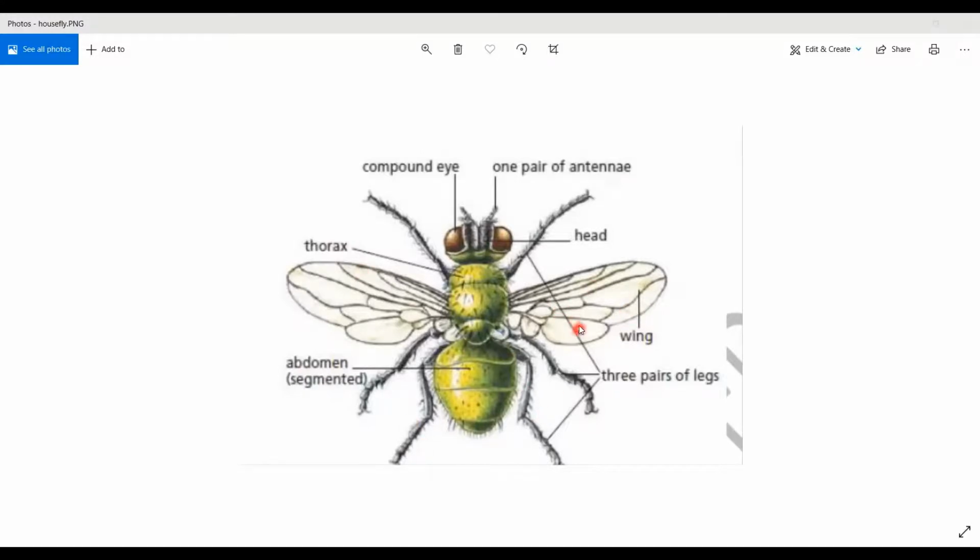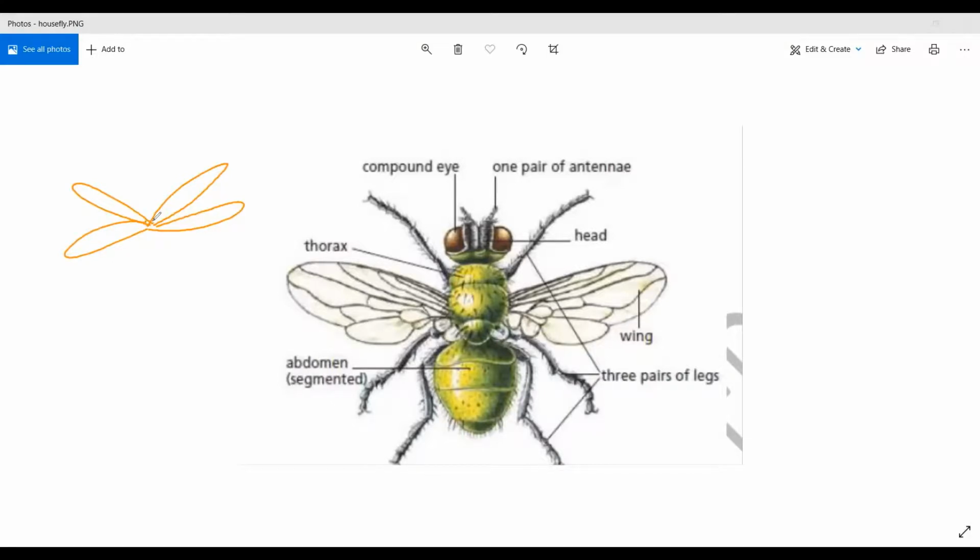Now, they say that all the insects have 2 pairs of wings, but we can see only 1 pair, and the other pair is rudimentary or vestigial. It means that it became very small because of some adaptations. In other insects, both pairs of wings are very clear, like the dragonfly.